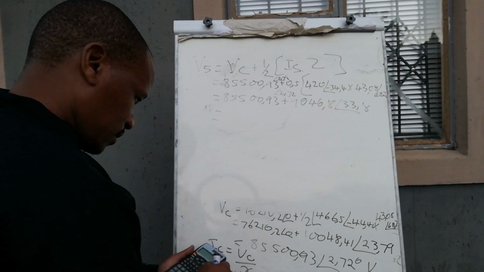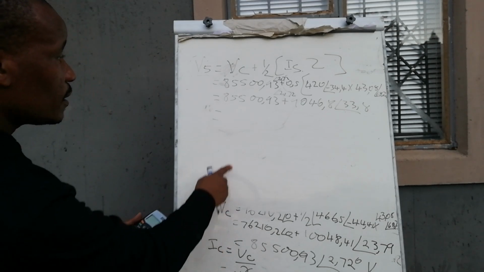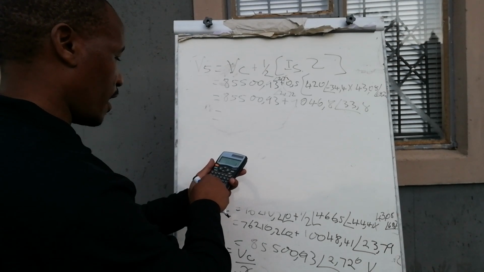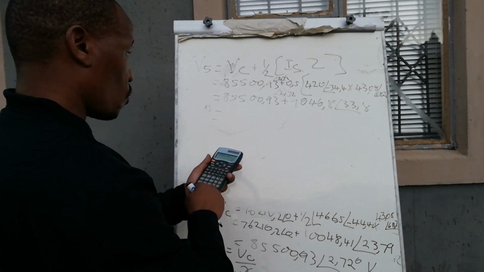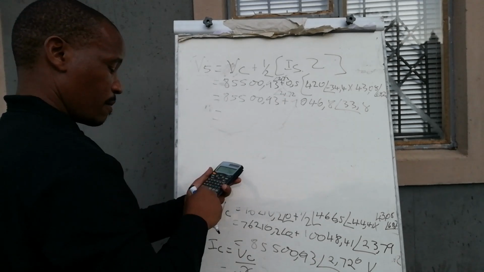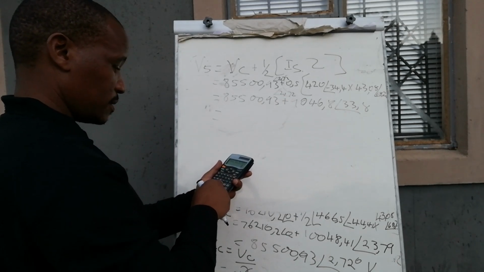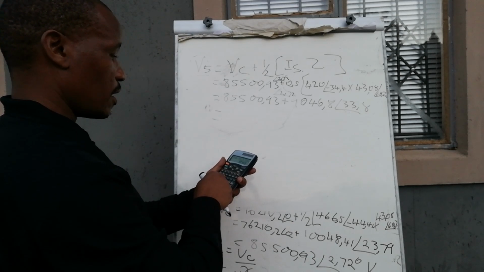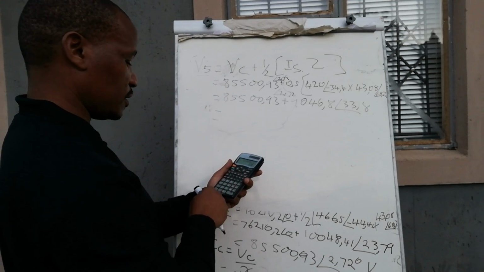So let's start from scratch. It is 85500.93 angle of 2.72 plus 9046.8 angle of 33.8.